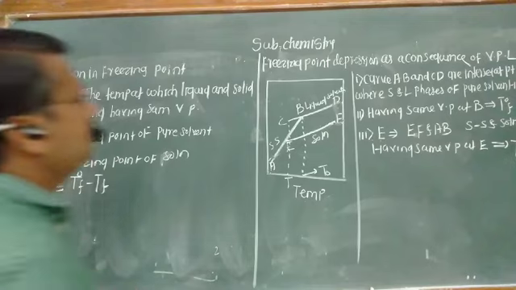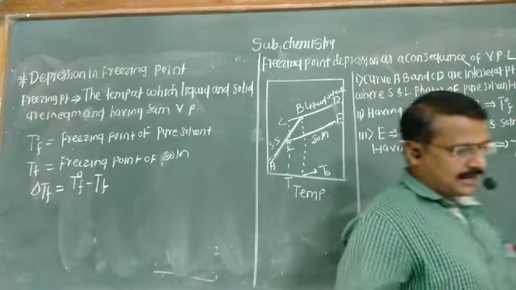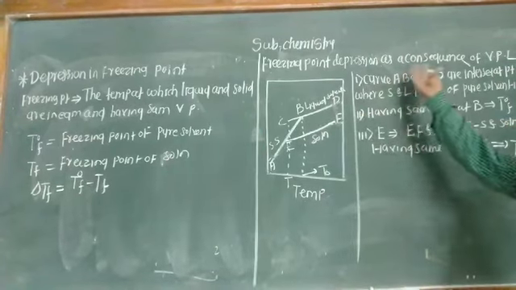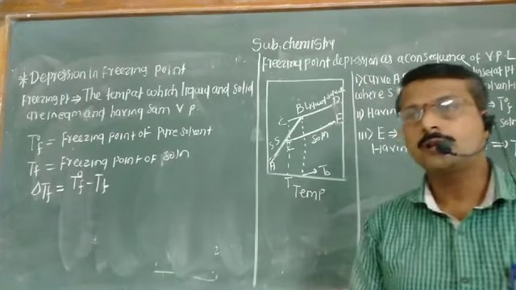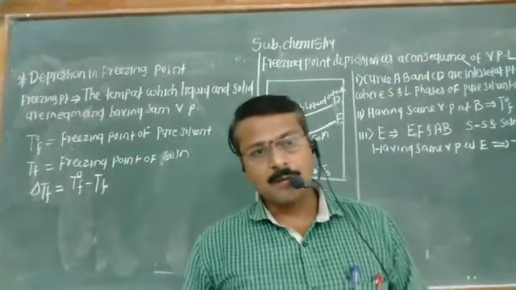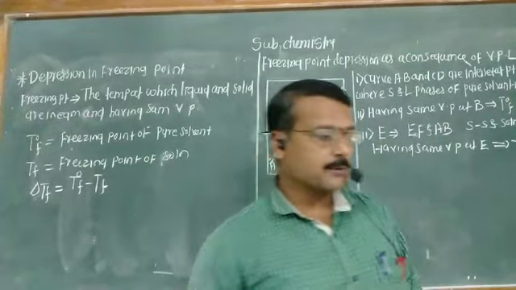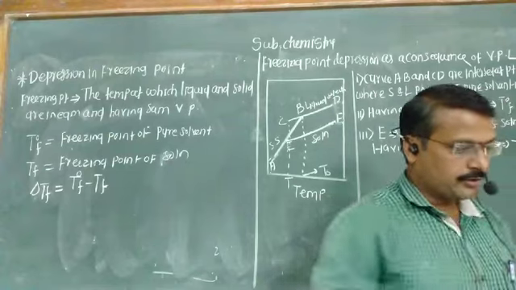Then we proceed to the next title, that is the freezing point depression as a consequence of the vapor pressure. To understand the freezing point, we need to consider its consequence with the vapor pressure. You know that very well.